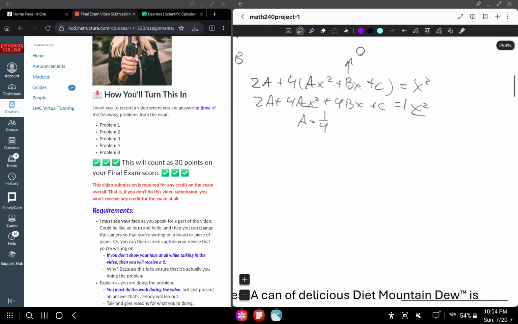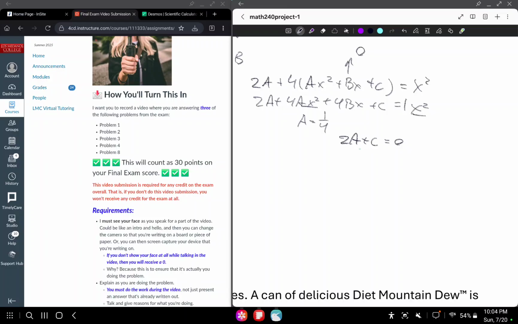And now we have, the left is 2a and 4c. Since there's no constant term over here anywhere, we need to have 2a plus 4c equals 0.